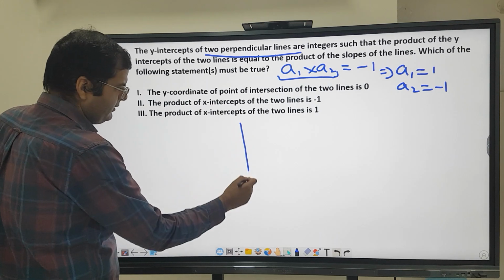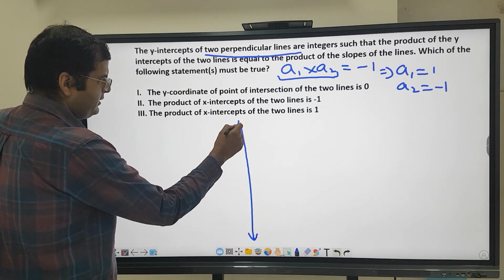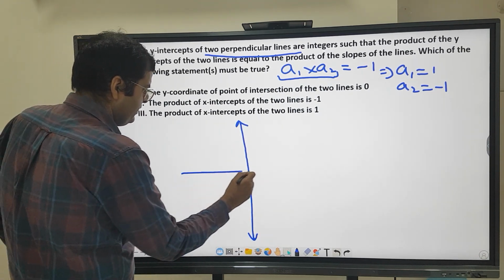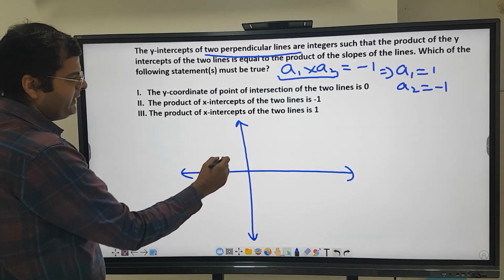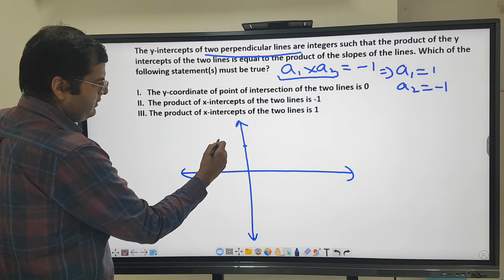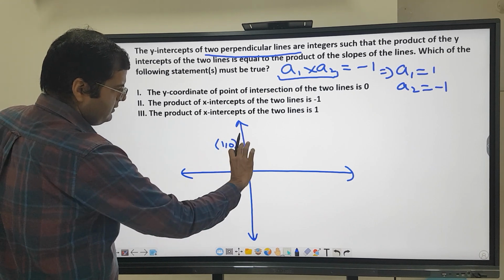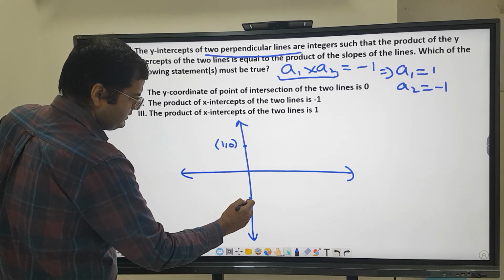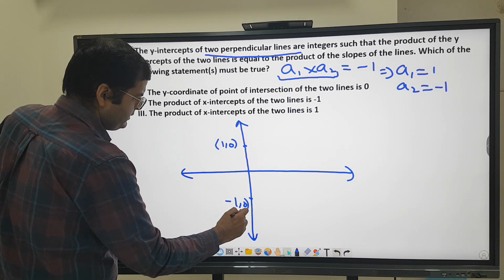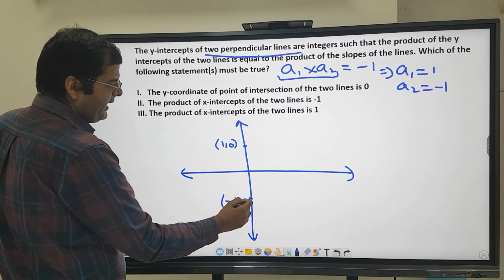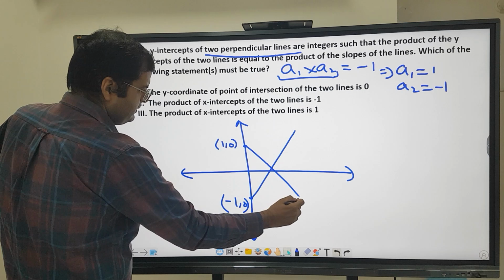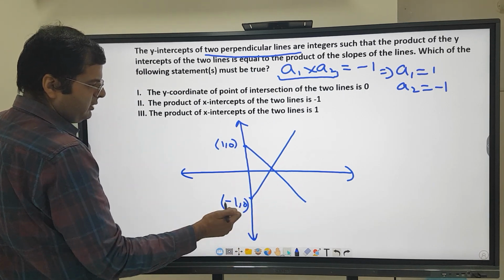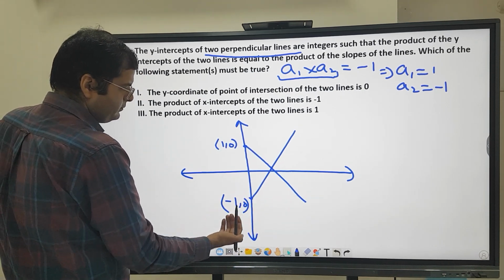These are perpendicular lines with y-intercepts 1 and -1. So let's say this is (0, 1) and over here it is (0, -1). The line can be like this. These are perpendicular also.